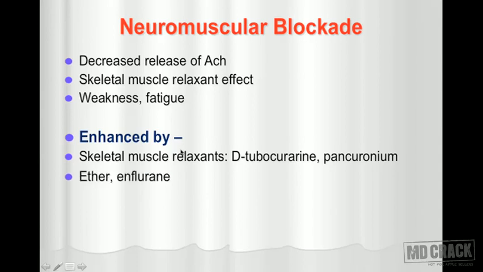That's one. Next, the general anesthetic agents, ether and enflurane, they also have a liability of producing skeletal muscle relaxation. And in case of these agents, we say they have a curare-mimetic effect, the effect like D-tubocurarine. So these two agents can produce on their own this particular toxicity, that's the excess skeletal muscle relaxation, and you need to take a precaution if your patient is receiving aminoglycosides.